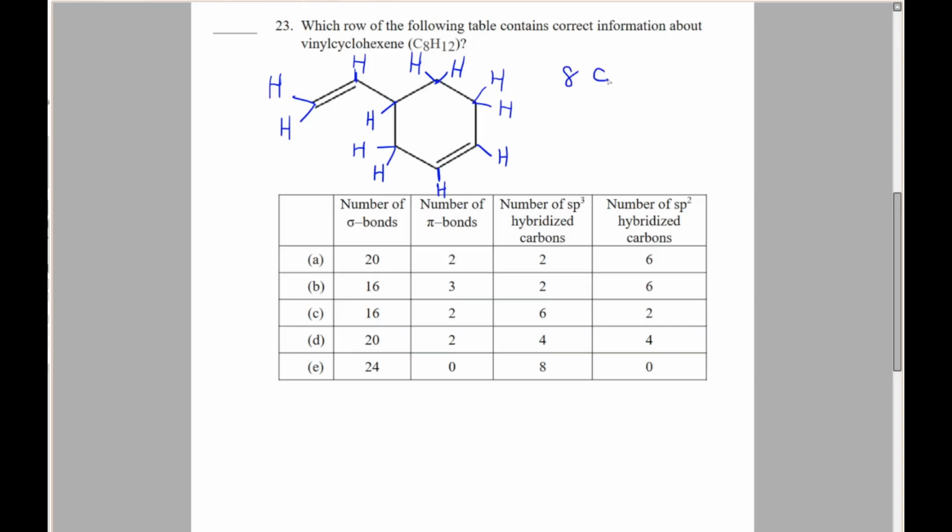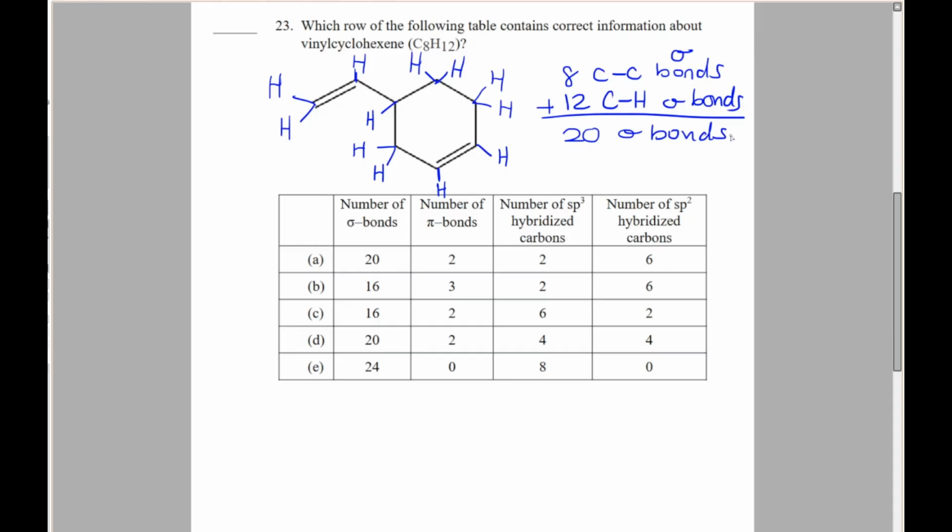So we have 8 CC sigma bonds. And now we have to count the bonds between carbon and hydrogen. So we have 2 here, 3, 4, 5, 6, 7, 8, 9, 10, 11, and 12. So we have 12 carbon-hydrogen sigma bonds. And we have to add these together to get the total number of sigma bonds in this molecule, which is 20.